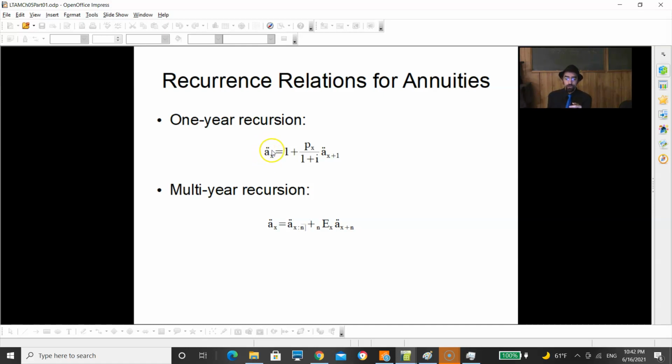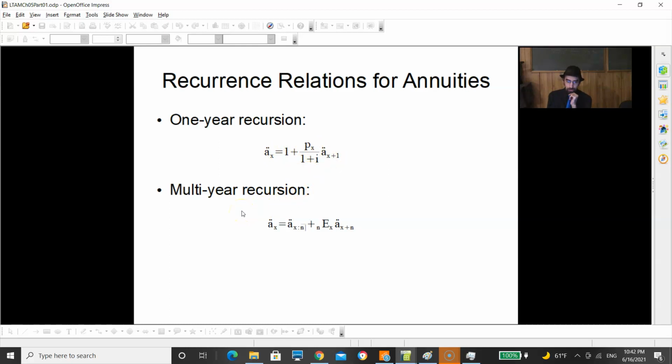You presume that you're still alive, or the policy is still in force. Then, if you survive, you'll have ä_(x+1), but that has to be discounted by 1 year of interest. So you get ä_x equals 1 plus p_x over 1 plus i, times ä_(x+1).